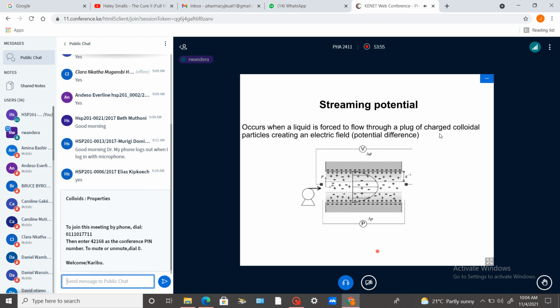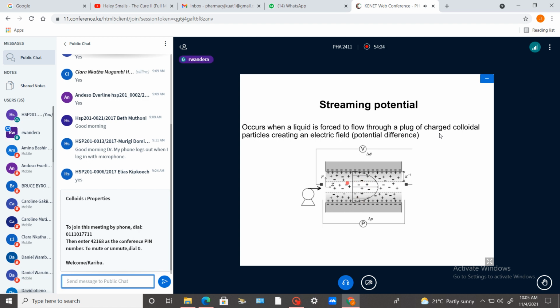The other aspect is what we call the streaming potential. Now, in streaming potential, you force a liquid to move through a plug of charged colloidal particles. So, as this diagram illustrates, you have a pump. You pump these liquids through this plug of charged colloidal particles.